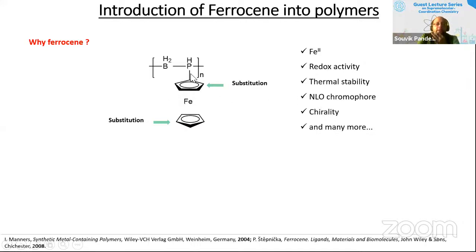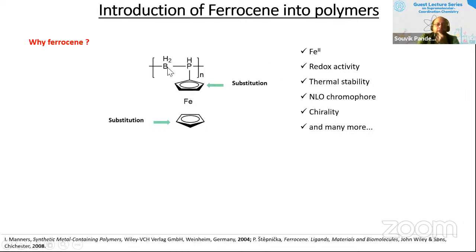This means that this compound can give third harmonic generation or second harmonic generation, which gives nonlinear optical activity to your polymer. And you can introduce chirality, optical activity also using this substitution here. And many more. Solubility is there also, because it increases solubility.